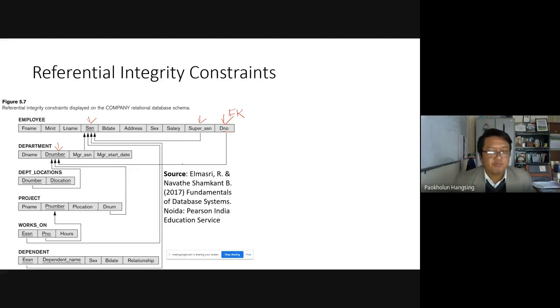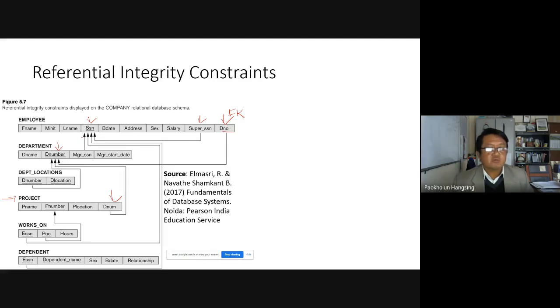Similarly, we have D number here, but it's not the same as DNO. Here it is DNUM in project. If you look at project, it is the same D number again. Similarly, we have works on, and for example social security number.